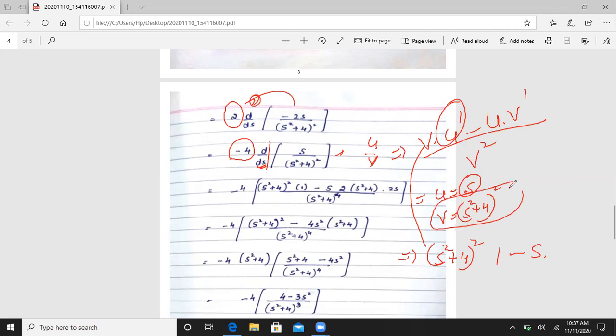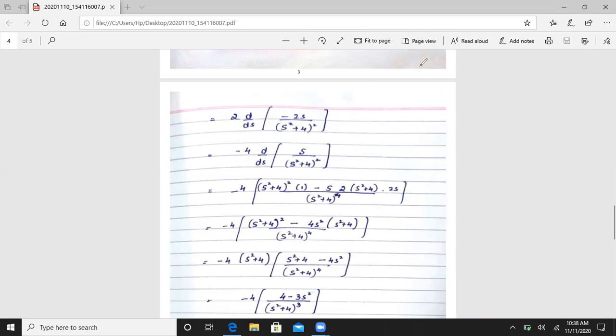The differentiation of v is 2 into s square plus 4 to the power 2 minus 1 into the differentiation of s square, which is 2s, divided by v square, which is s square plus 4 whole square to the power square. I will write this once more.